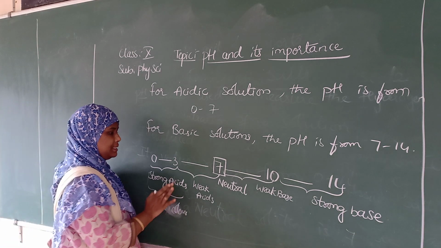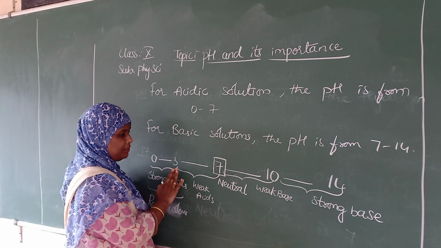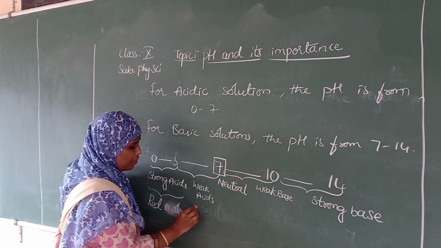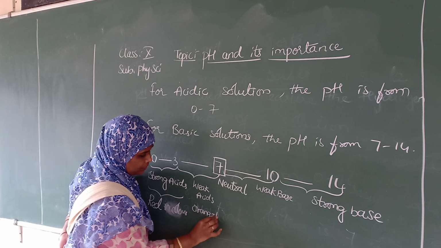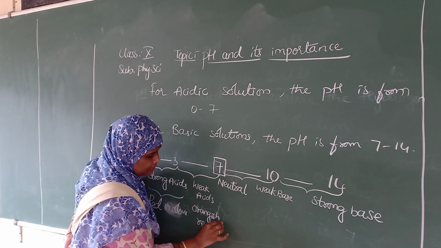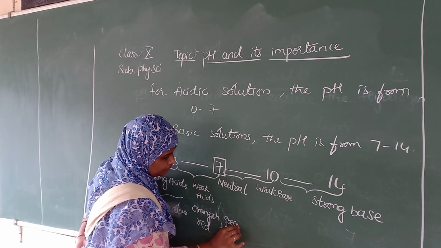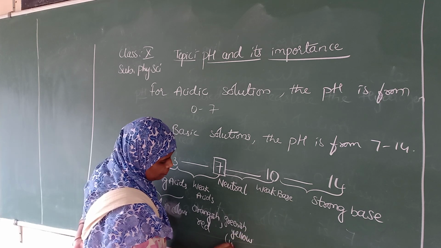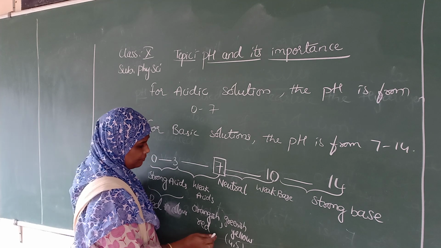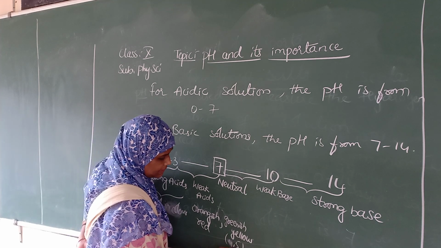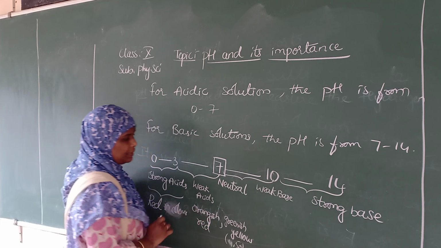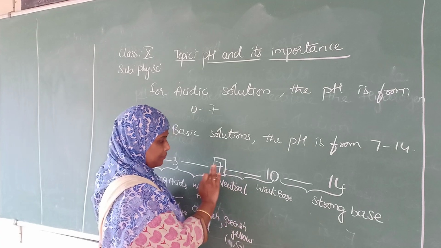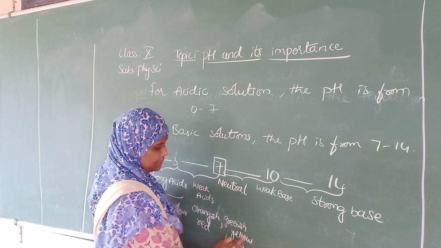Substances whose pH value ranges from 3 to 7 are weak acids, and their color goes from orangish red to greenish yellow. For pH 4 it is orangish red, and for the values 5 and 6 it is greenish yellow.